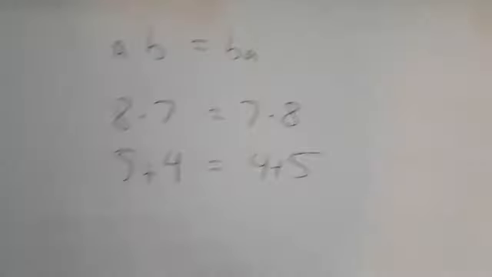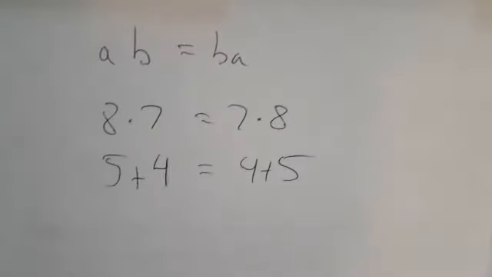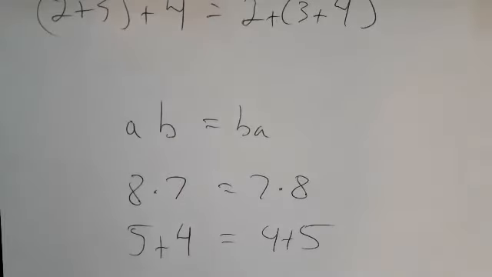This is basically telling us it doesn't matter what order we write things in if we're adding and multiplying. And so for addition and multiplication, the order that things arrive to the problem doesn't matter. If you think about the way that you arrive somewhere, that would be like your commute.